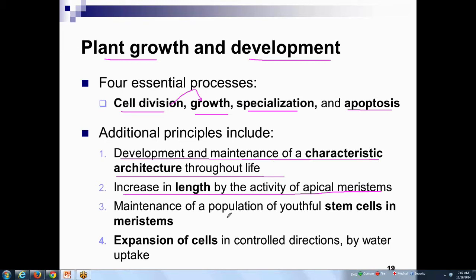Now, there's always also a maintenance of a population of youthful stem cells in the meristems. So we will always find in a plant at the tips, in those apical meristems, the root and shoot apical meristems, a population of young cells that are undifferentiated that will eventually become specialized over time.